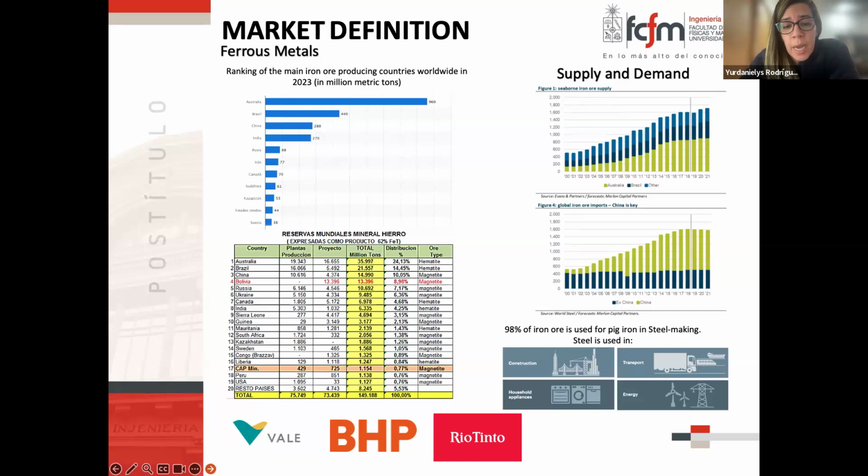Supply: the main iron producers include China, Australia, Brazil, India, and Russia. Supply can be influenced by factors such as production capacity, mineral reserves, extraction technology, and production costs. And demand: iron demand mainly comes from the steel industry, which uses iron as a fundamental raw material.